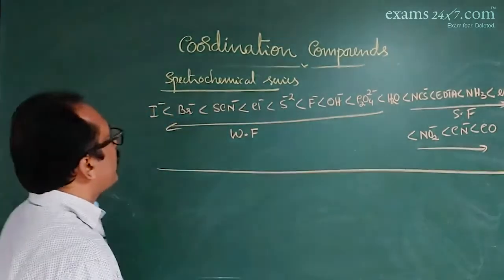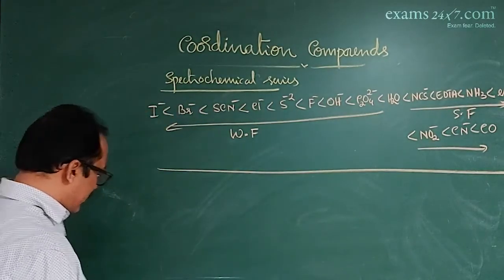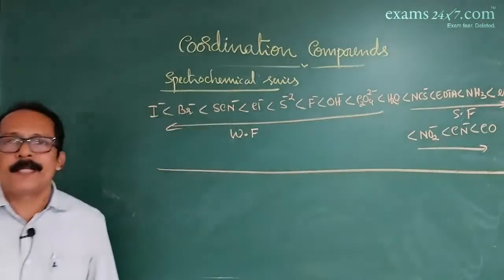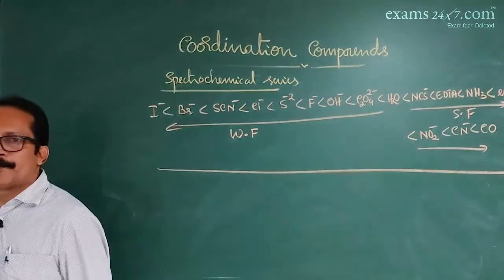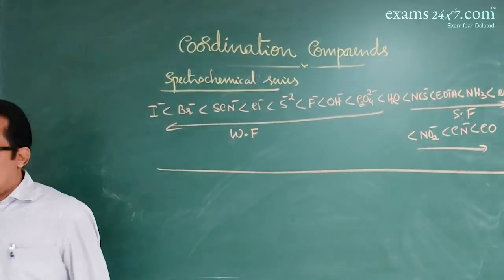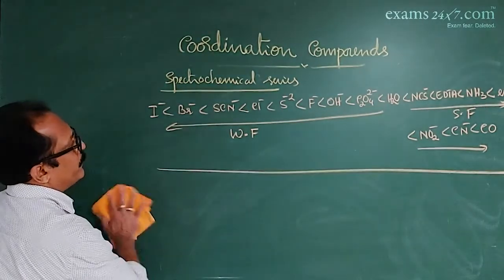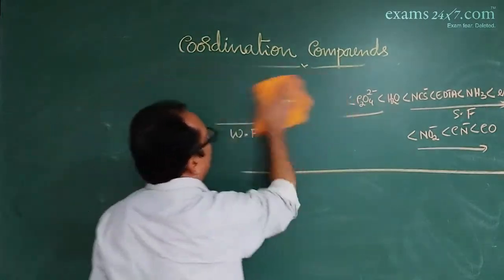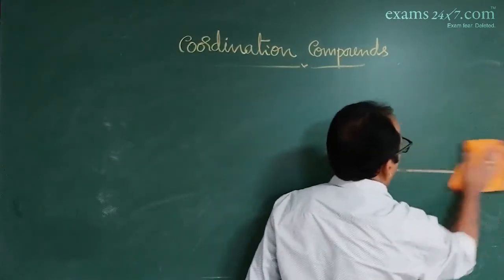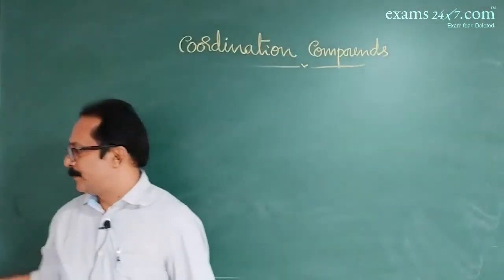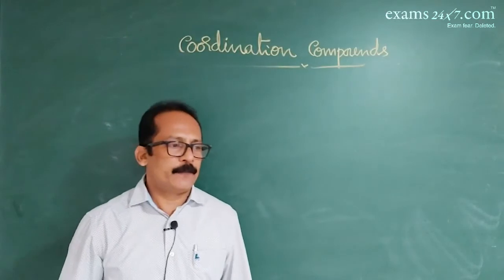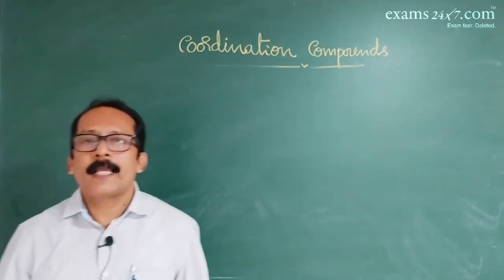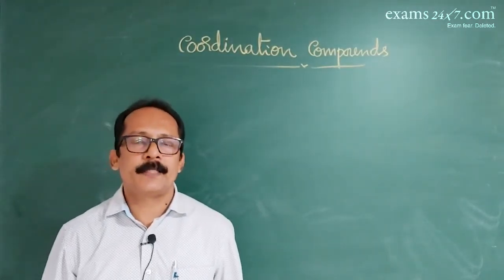Now, after the spectrochemical series, next we will move on to crystal field splitting. So what about crystal field splitting? When a transition metal ion combines with a ligand, it loses its energy and reaches a higher energy, unstable state.